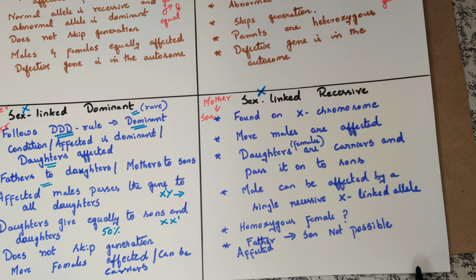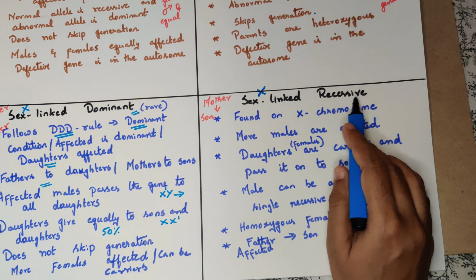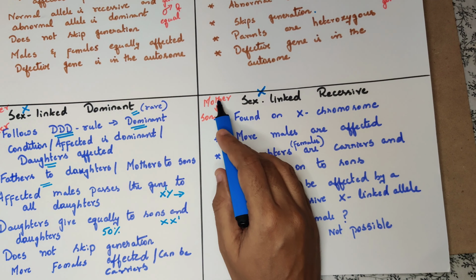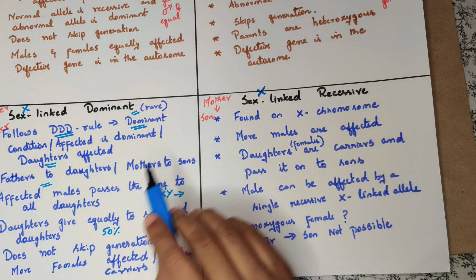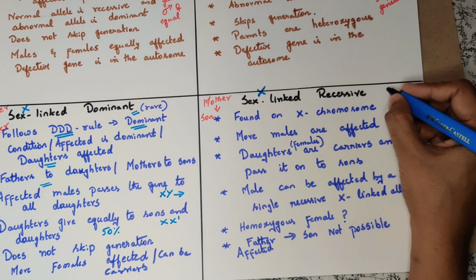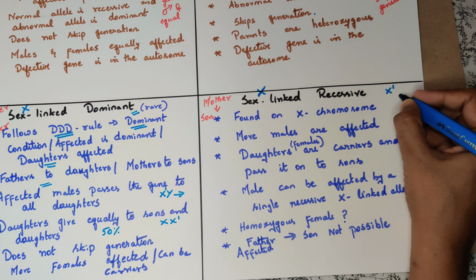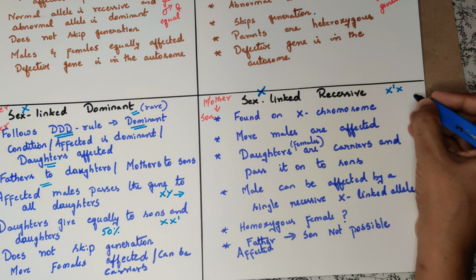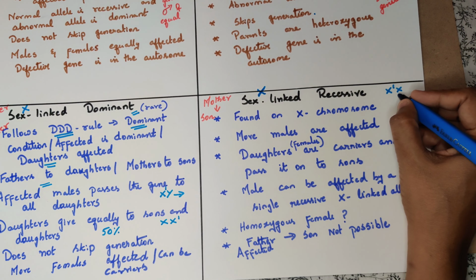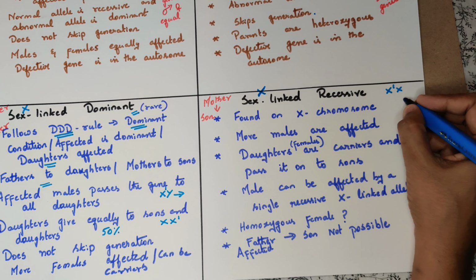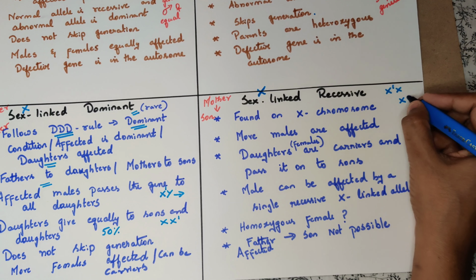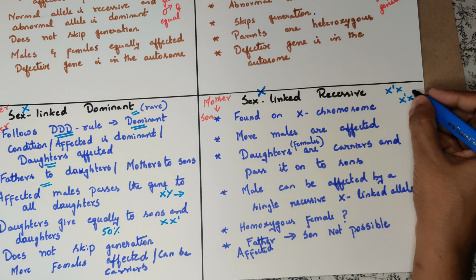Coming to the last type of inheritance pattern, which is X-linked recessive. Here the mother will be sending it to her son. Why? Because mother is having one affected gene and one is normal. For a recessive gene to get expressed, there should be two recessive alleles coming into play.